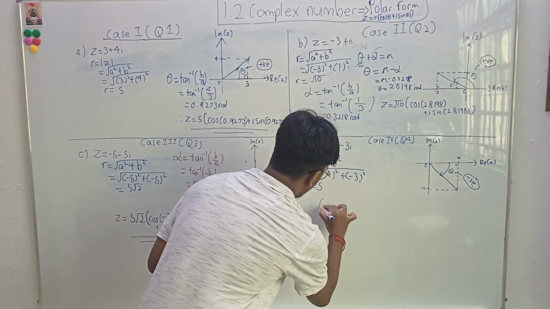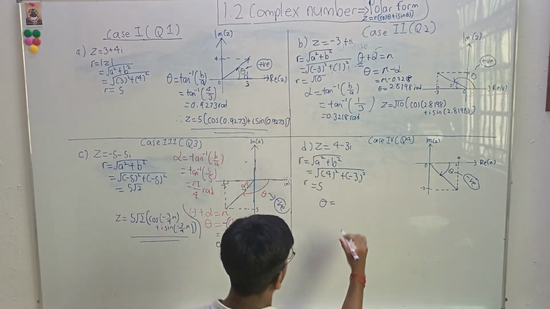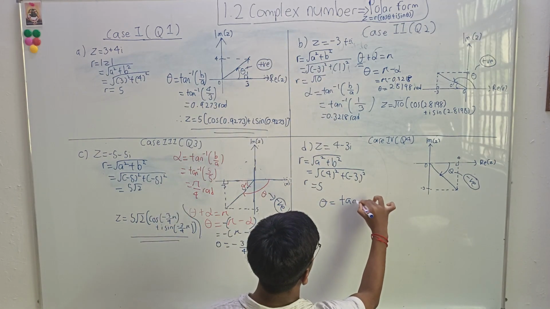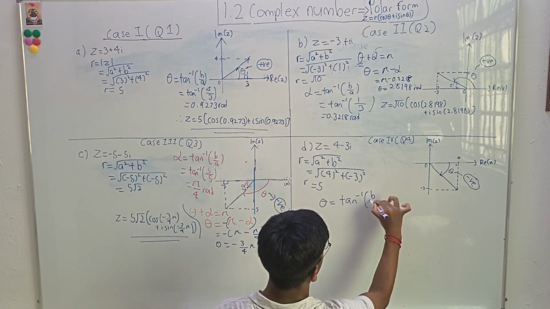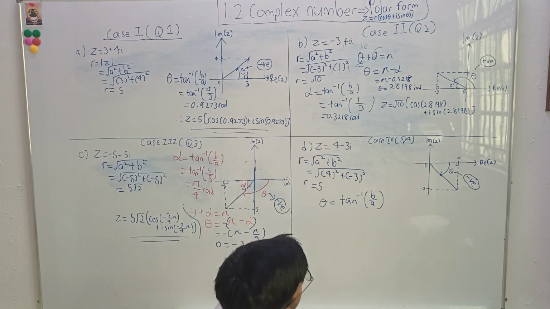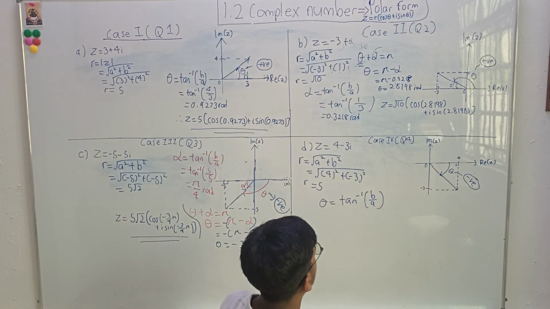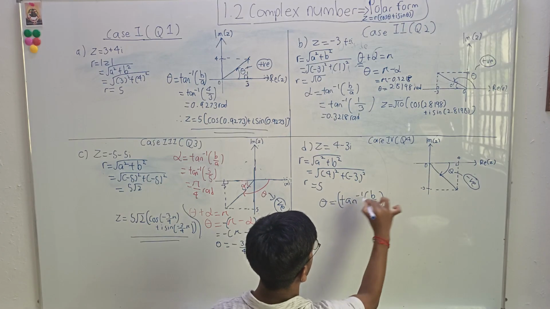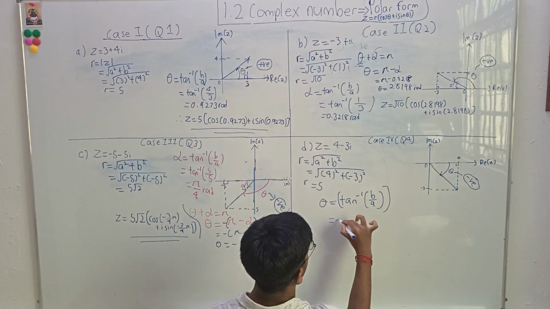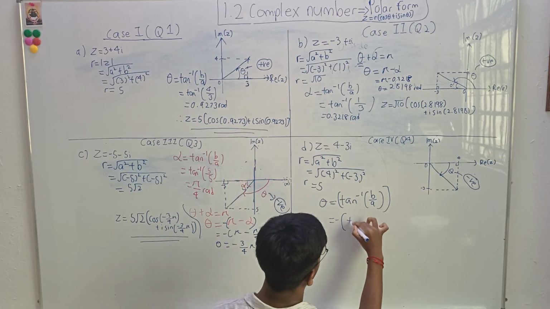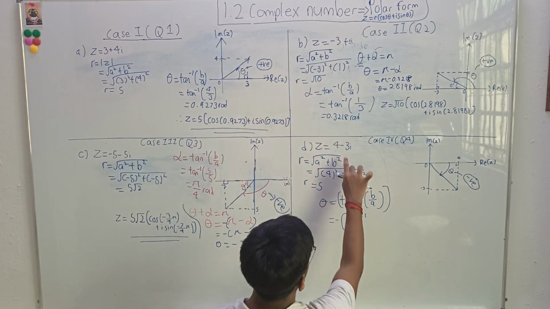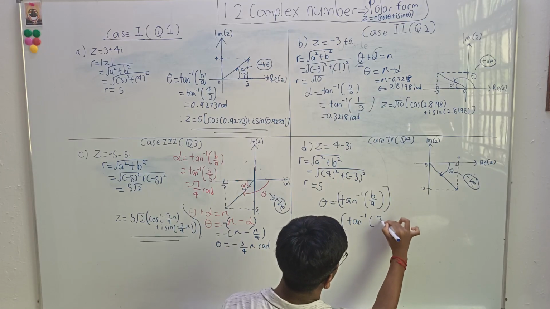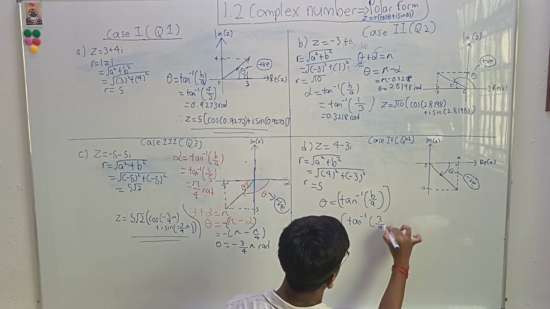Now you can find the theta straight away, which is tangent inverse b over a. But since my theta is negative, add a negative. So tangent inverse, my b is 3, my a is 4.